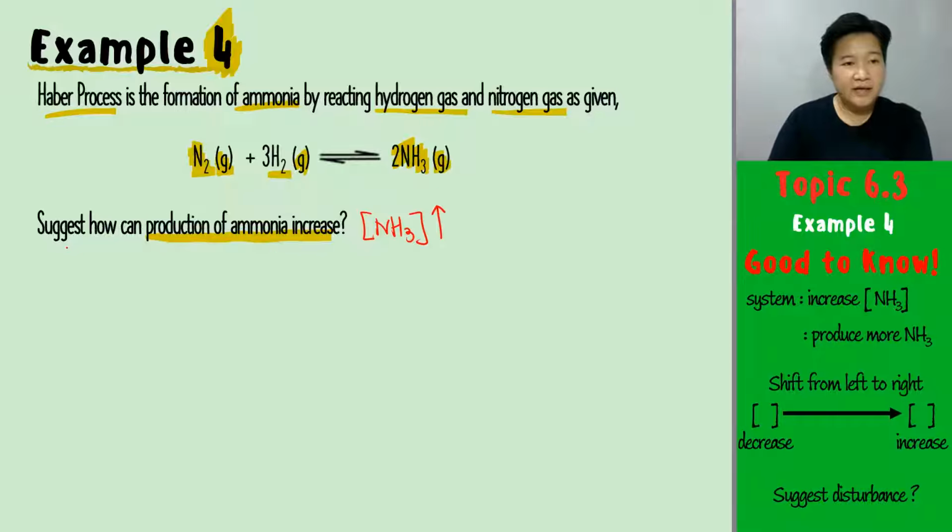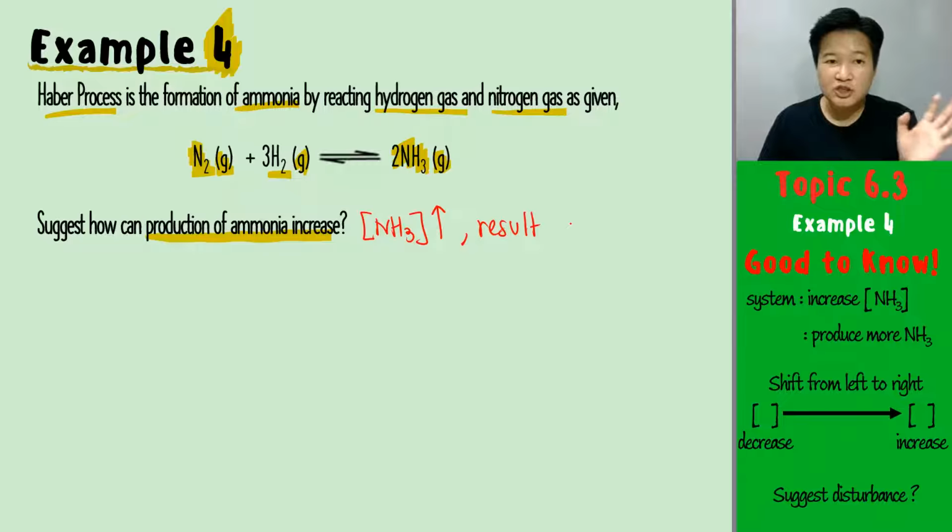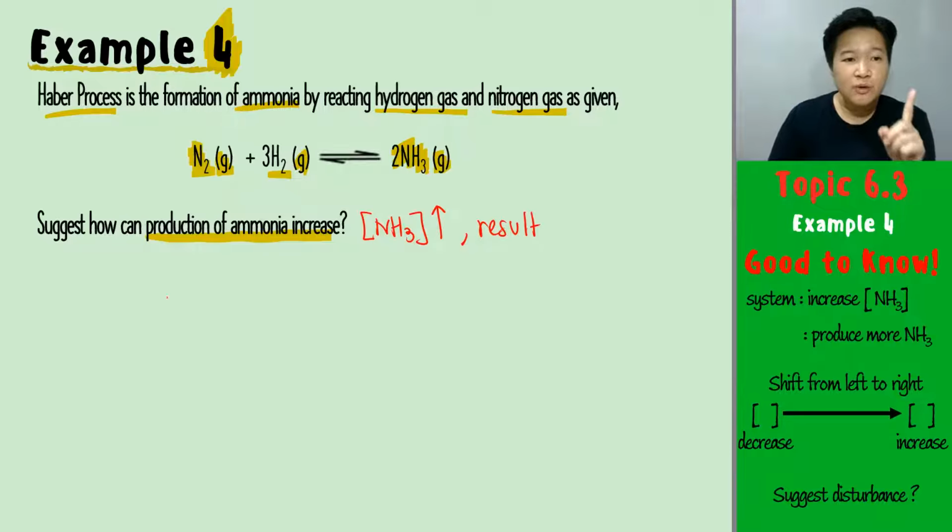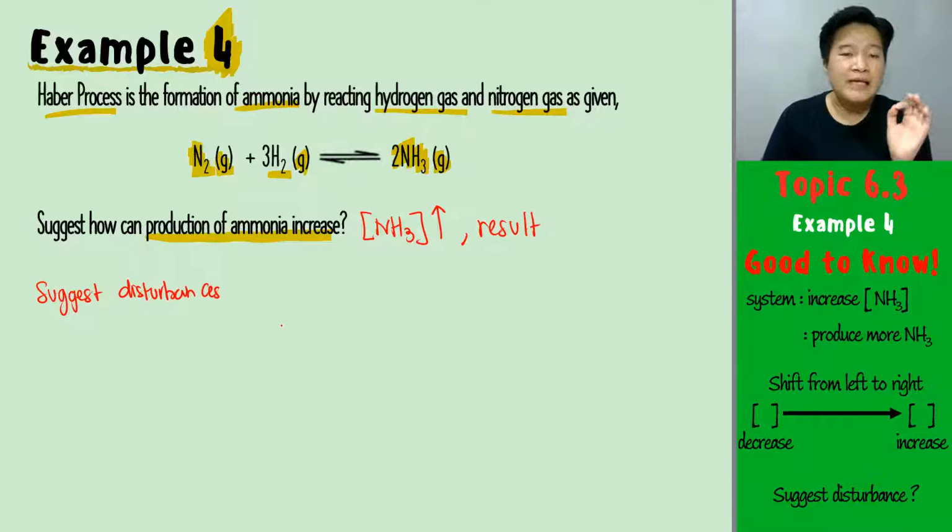But guys, look at here. Suggest how can production of ammonia increase? This is the result that the system wants. Okay? This is not a disturbance. You are the one that needs to suggest the disturbance. You need to suggest the disturbance that you can make to increase the concentration of ammonia.